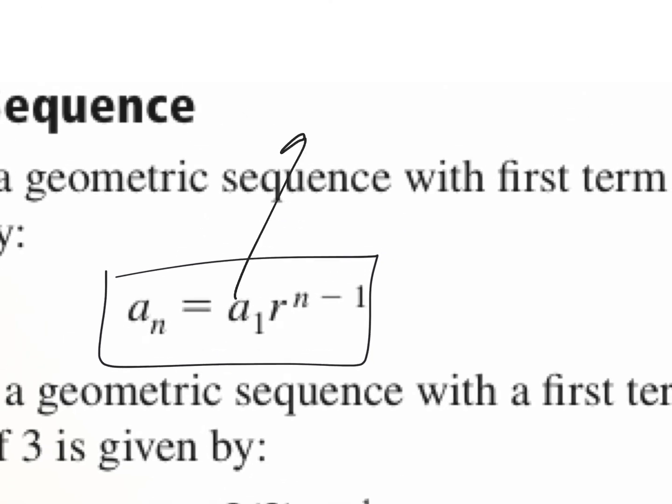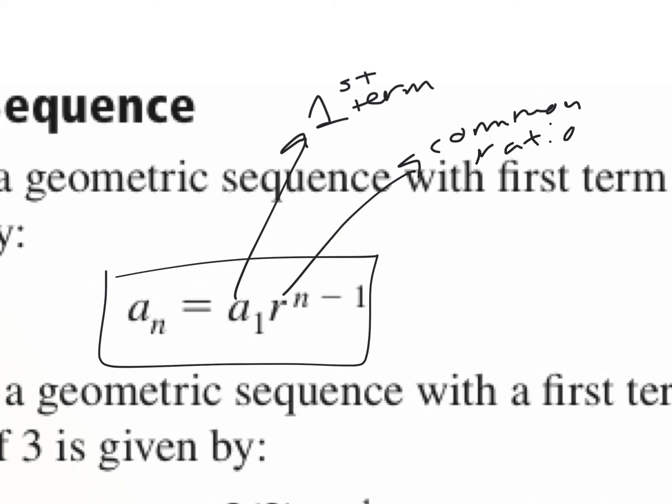a sub 1 is our first term. r is our common ratio. And n is our number of the term.